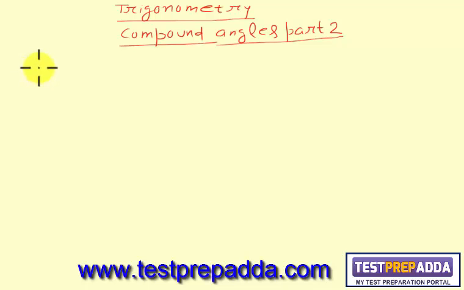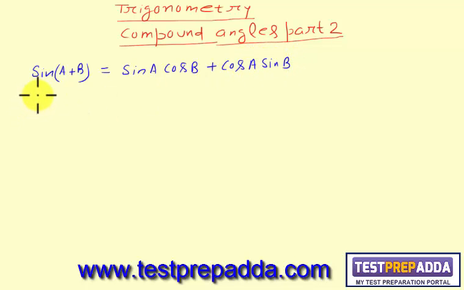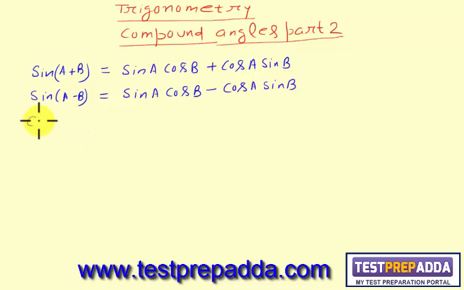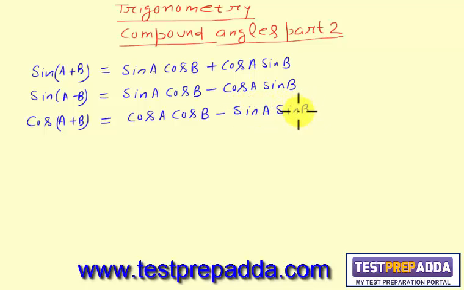We got sine A plus B as sine A cos B plus cos A sine B. We derived sine A minus B as sine A cos B minus cos A sine B. We derived cos A plus B as cos A cos B minus sin A sin B.